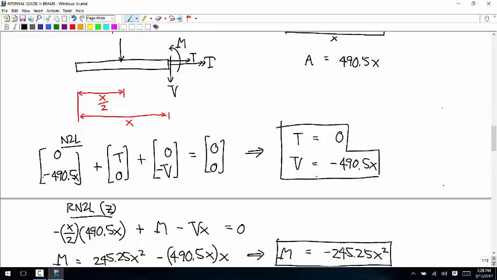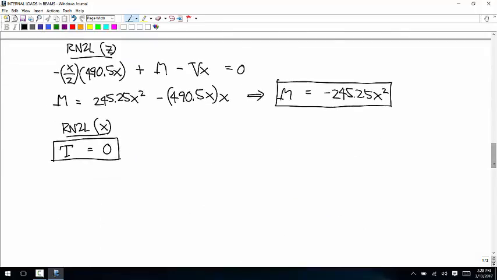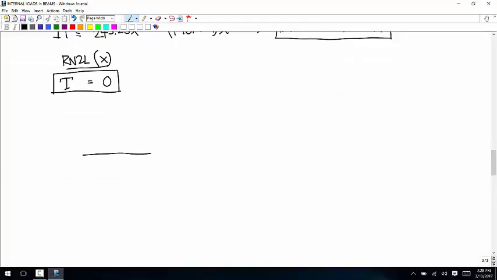So the internal tension is 0 the whole way. The shear force, well, let's actually graph these. The tension as a function of x is just 0.